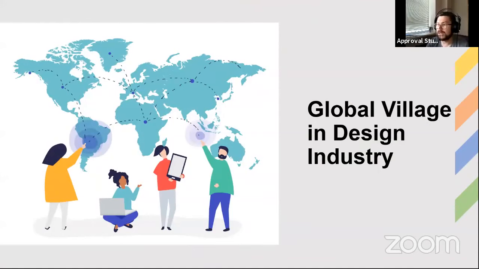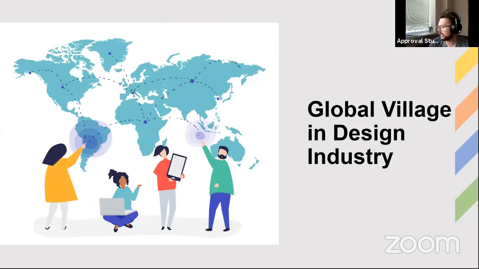Pretty simple. Another thing that is currently very modern is the term global village, which was originally from 1962, I guess.